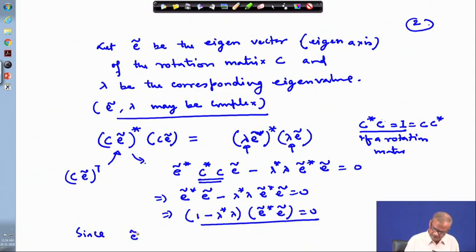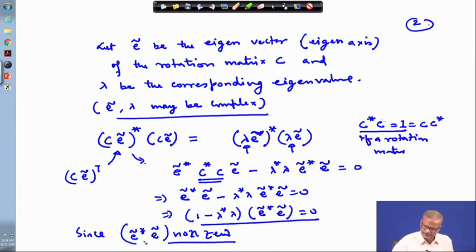since E tilde star E tilde is non-zero, so this quantity is non-zero. This vector is the eigen axis we are assuming, okay.